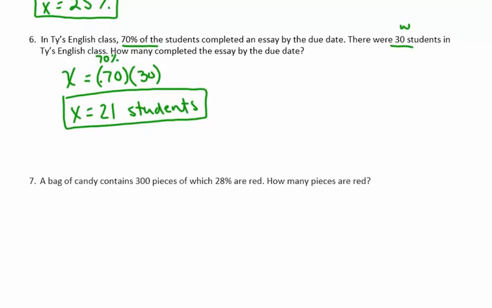A bag of candy contains 300 pieces. That's the whole. 28% are red. How many pieces are red? So that's the part. So x equals 28% as a decimal. That's 0.28 times the whole, which is 300.